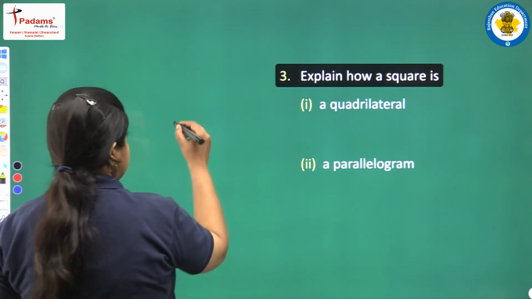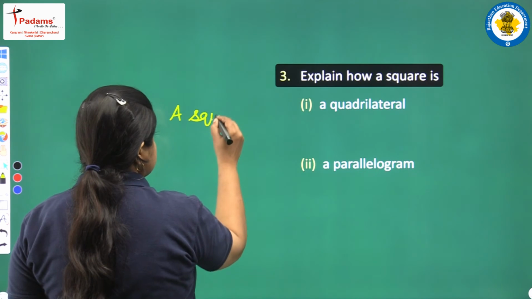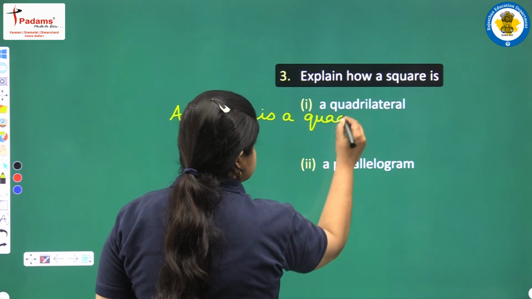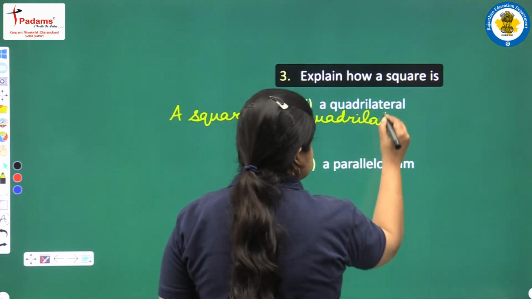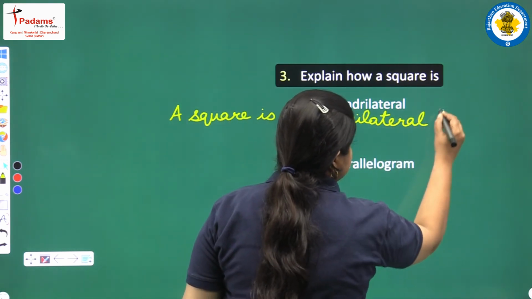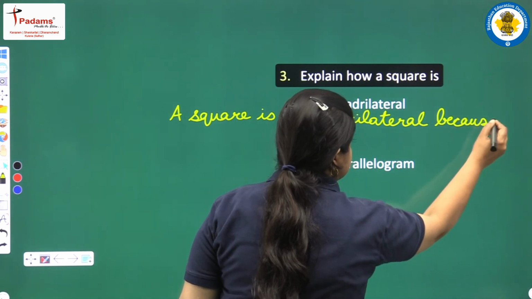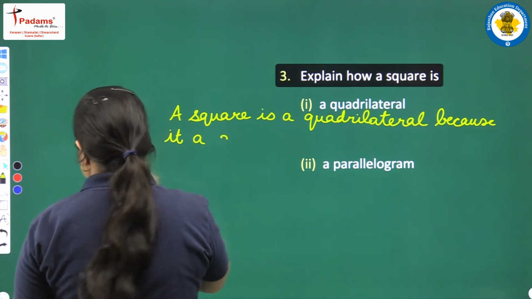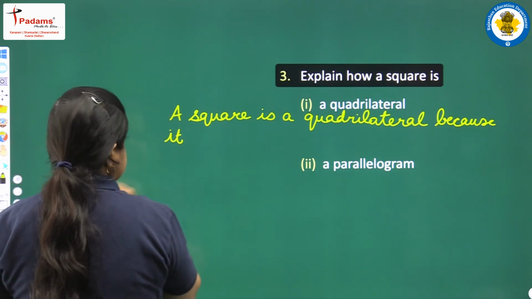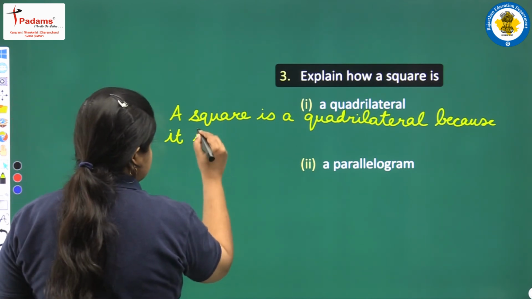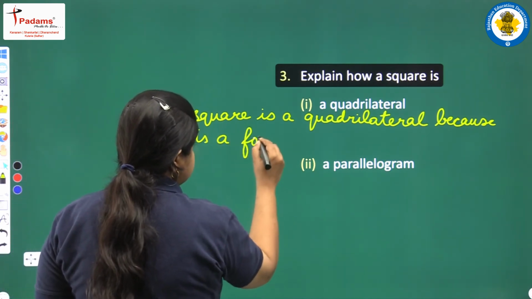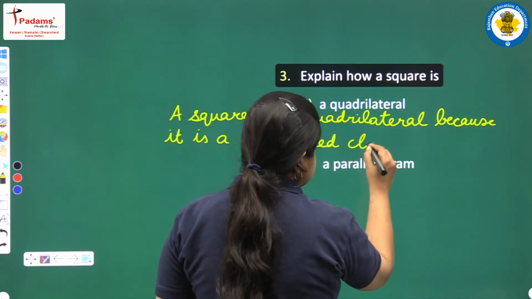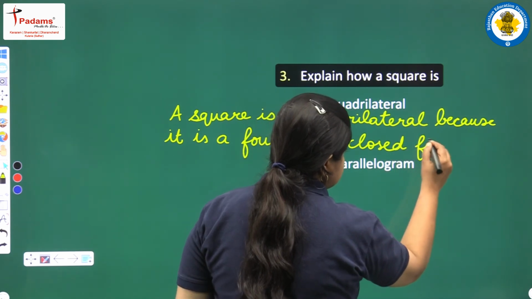So we can say a square is a quadrilateral because it is a four-sided closed figure.